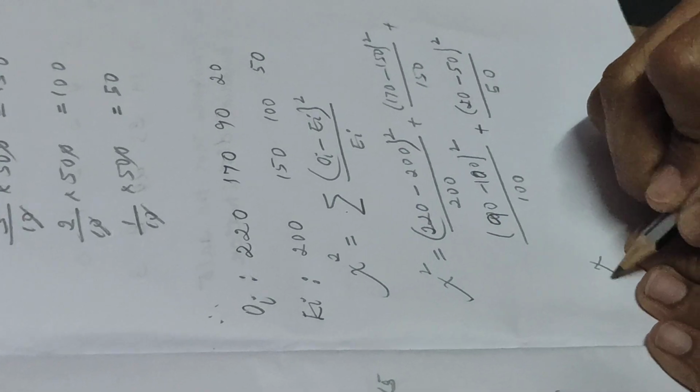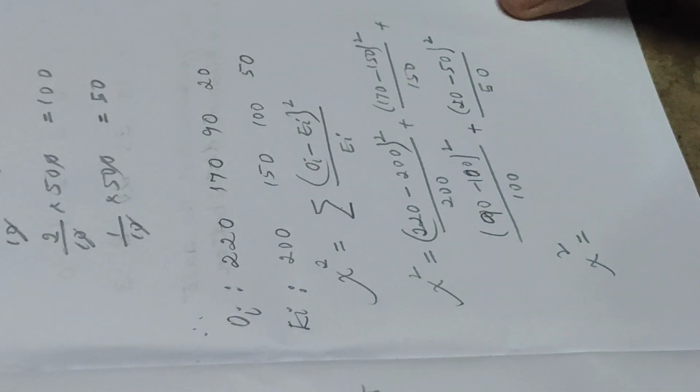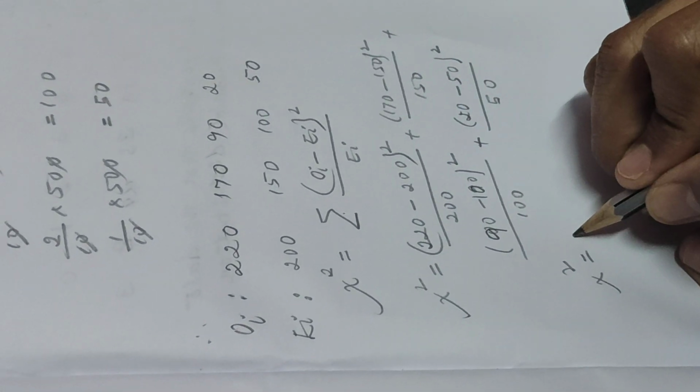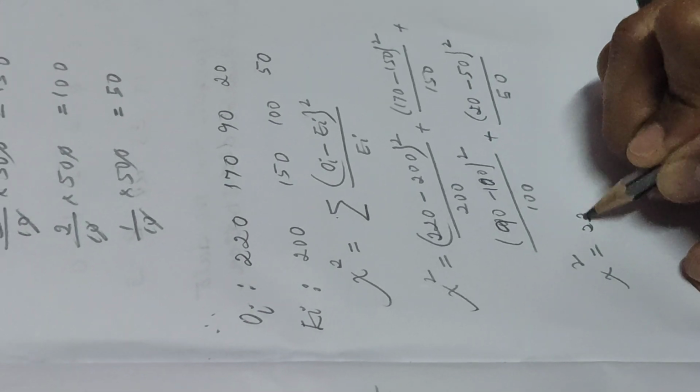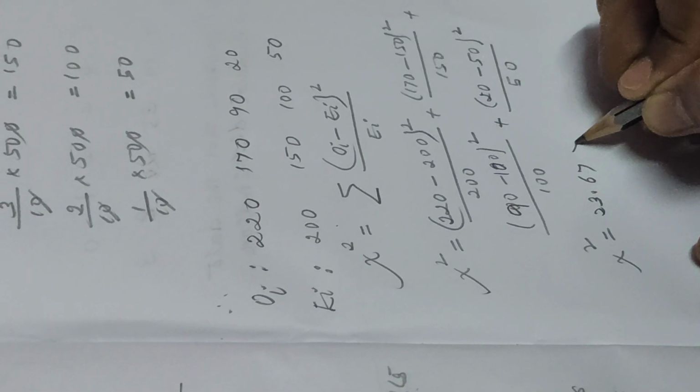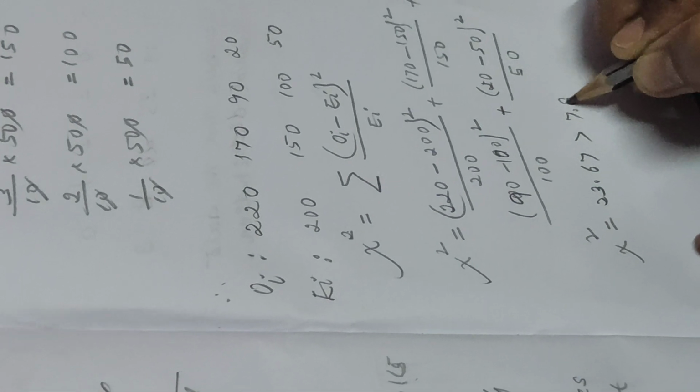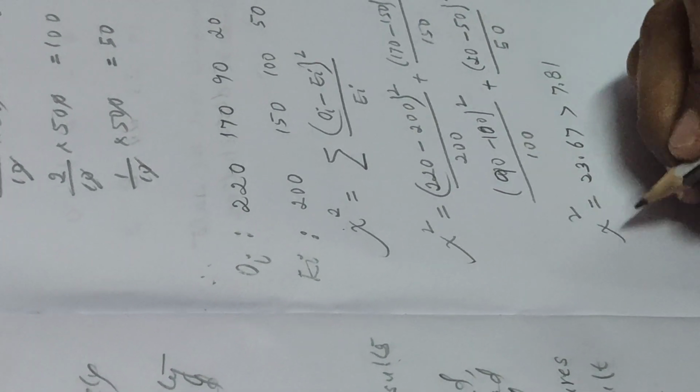So using your calculator, you get the value of Chisquare is equal to 23.67, which is greater than 7.81, the table value.